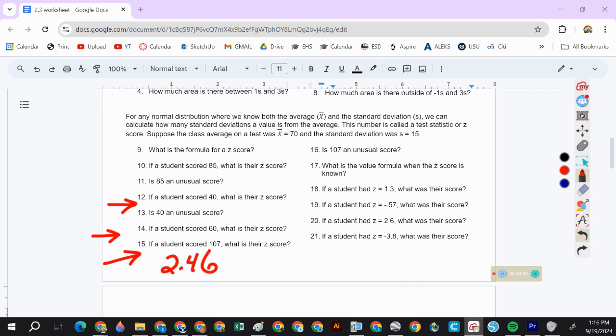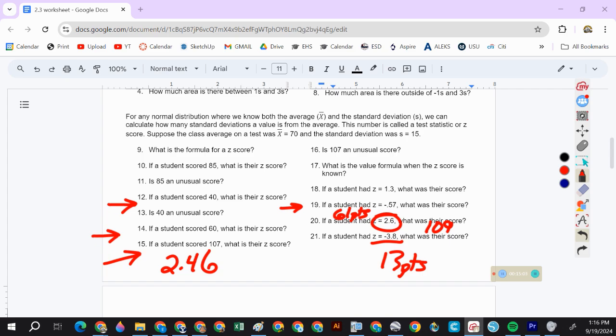Is that uncommon? Yeah, that's really uncommon. Okay. What about 19? -0.57. What does that give us as a value? 61 points. What about z equals 2.6? That is 109 points. And -3.8? That is 13 points.